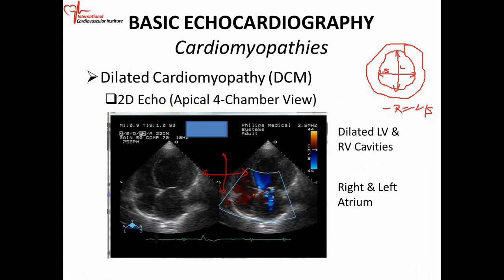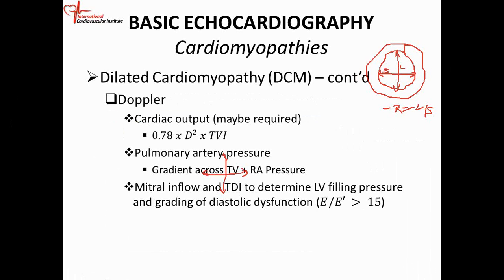Okay, this is an apical 4-chamber view. You can use your Doppler to calculate stroke volume and cardiac output. Okay, so you can calculate cardiac output for these patients. So again, just a reminder, to get the stroke volume, it is 0.785 times d squared times the LVOT TVI.